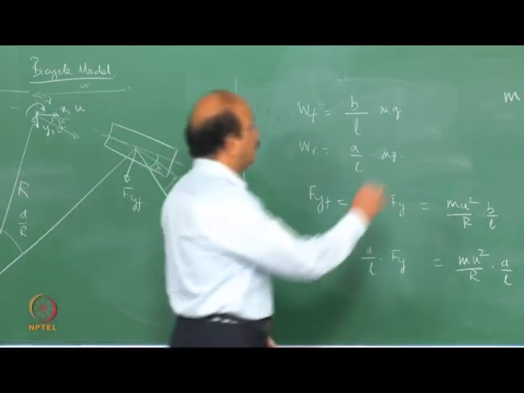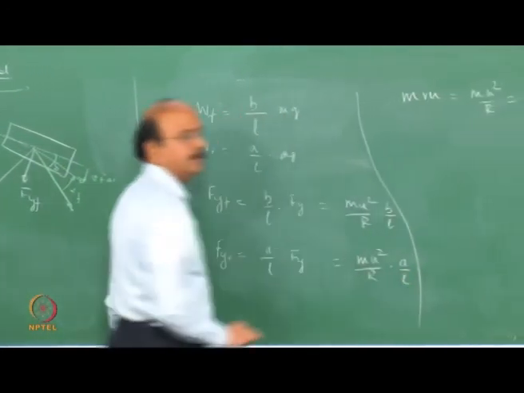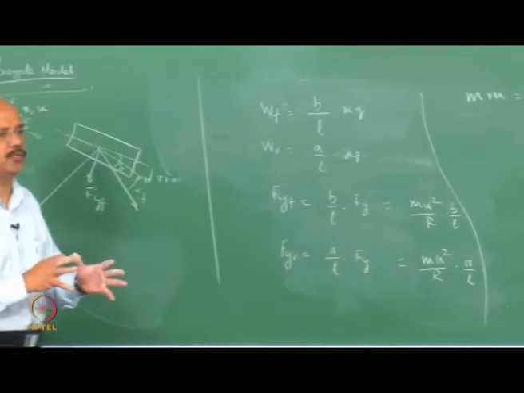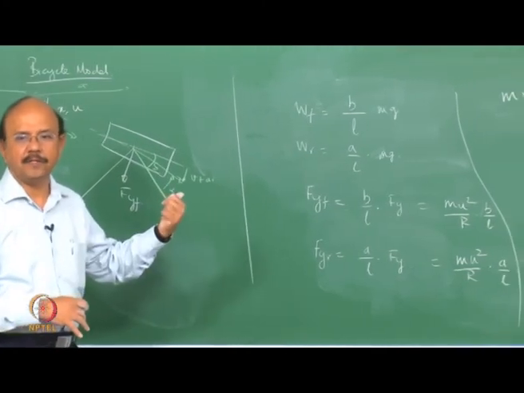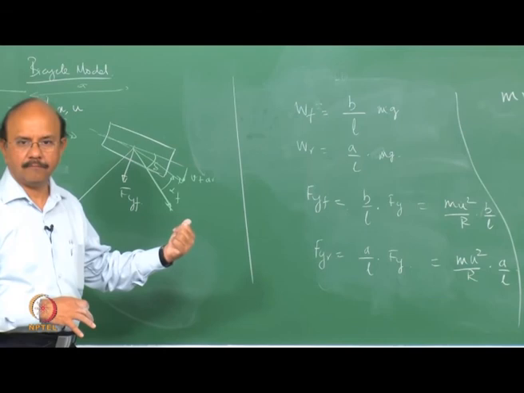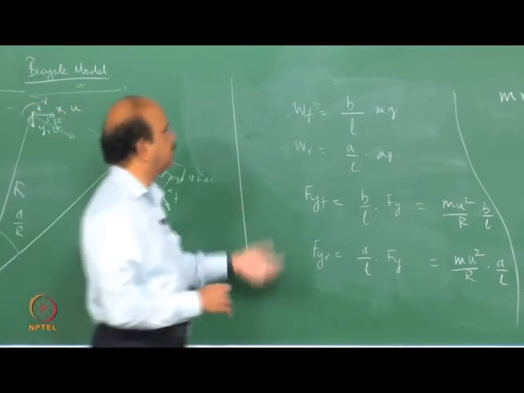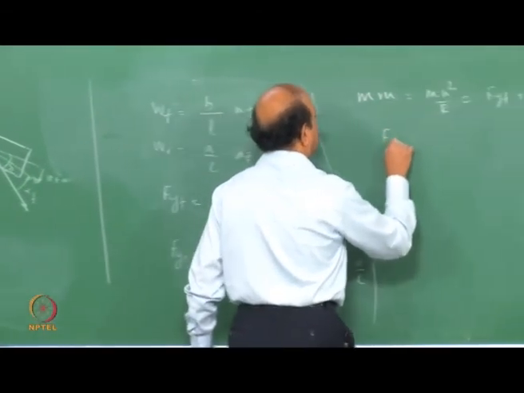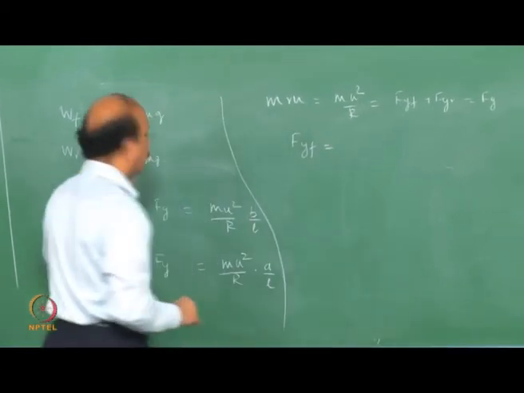Okay. So in other words, the first thing is that the lateral forces are distributed in the same fashion as that of the normal loads. Rearrange it and tell me how I can write that in terms of Wf.